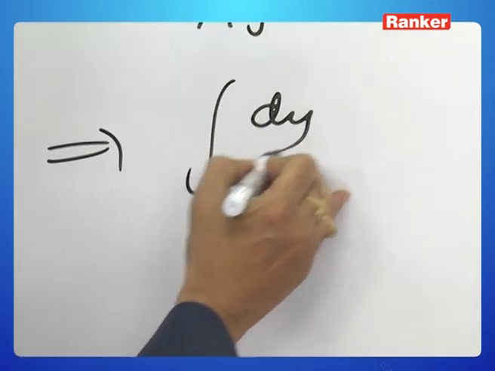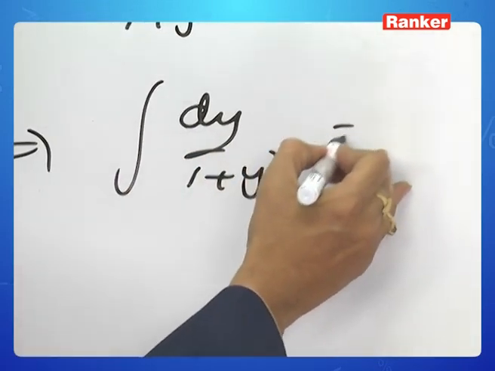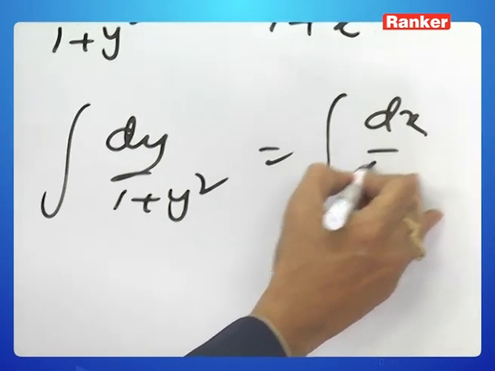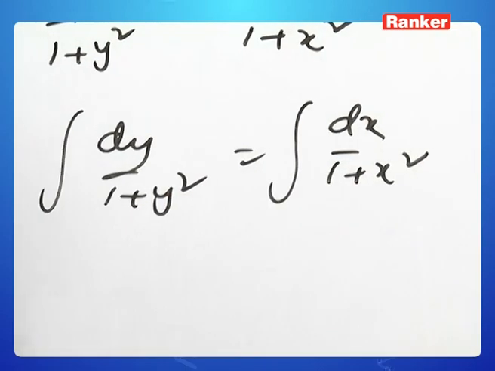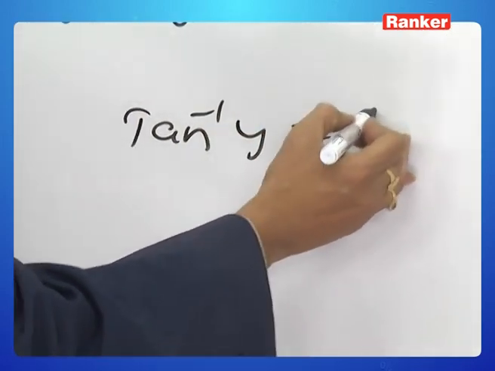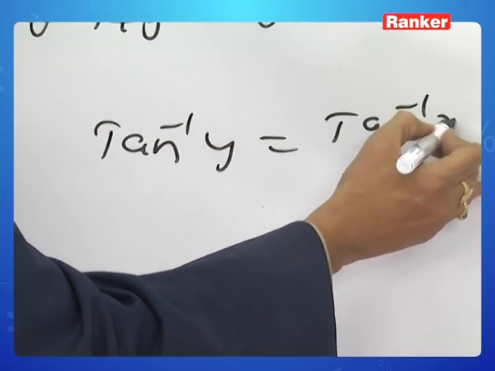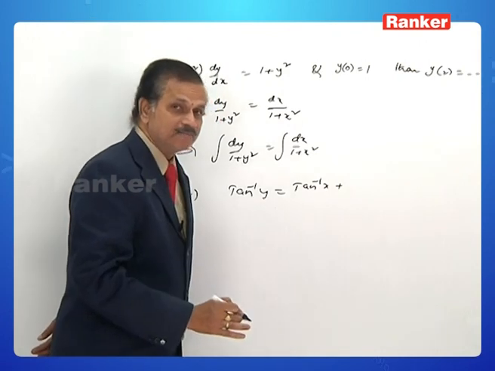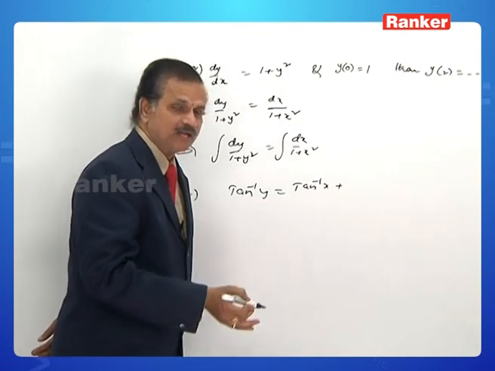Integrating dy by 1 plus y square is equal to dx by 1 plus x square. What is its integral? Tan inverse y here, tan inverse x plus some k you have to write.